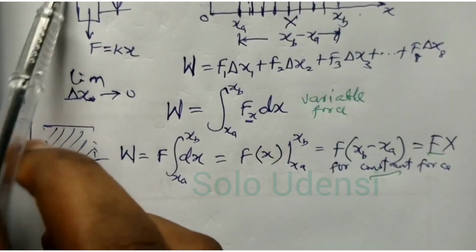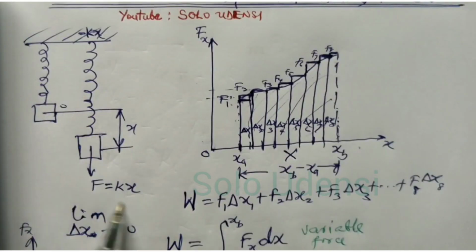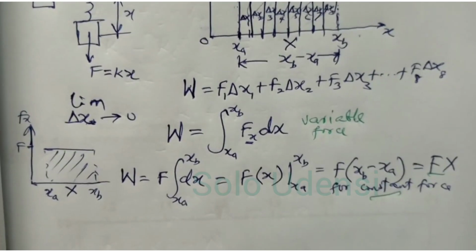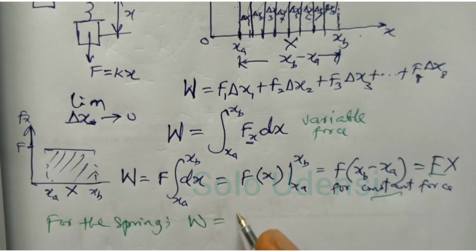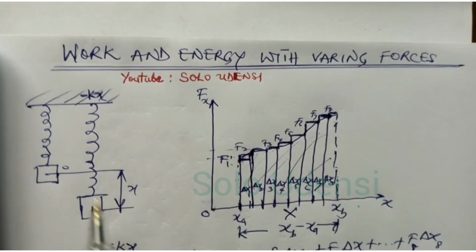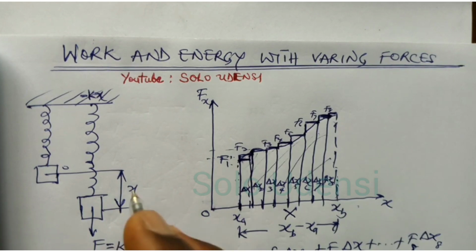What it now means is that for this spring, we know that Fx is kx, so if we substitute it in the work done, we have for the spring the integral of kx dx, and it moves from equilibrium position to x, if you like.